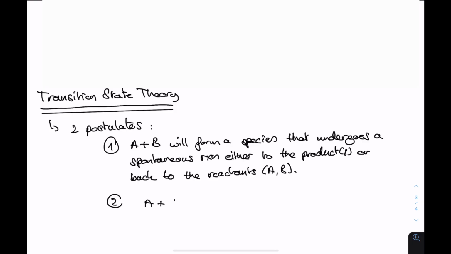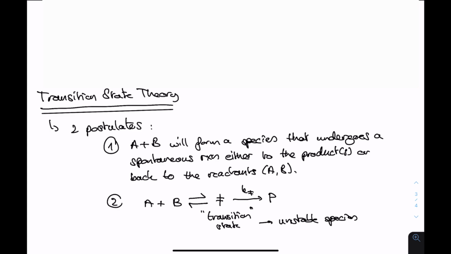So we say A plus B is in a pre-equilibrium with the transition state, which will indicate like this, and then undergoes a reaction with this transition state rate constant to the product P. So the transition state, which is an unstable species, its concentration is negligible.